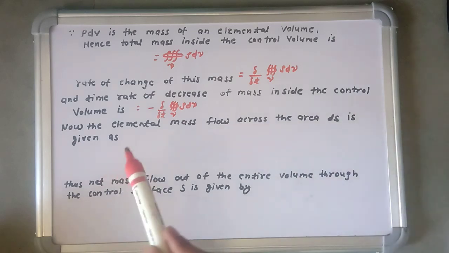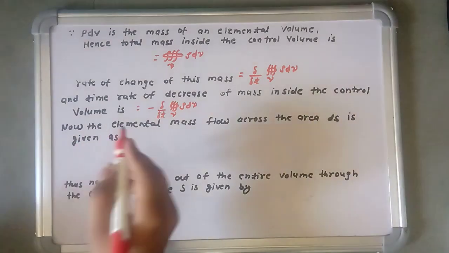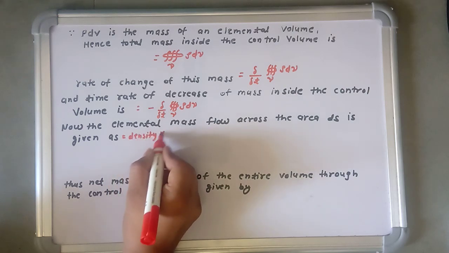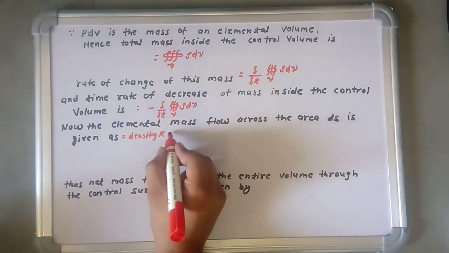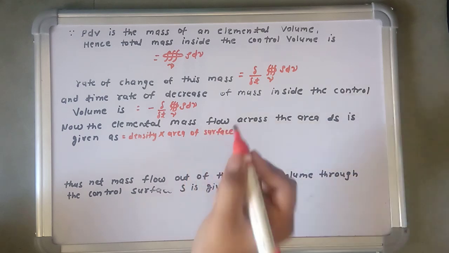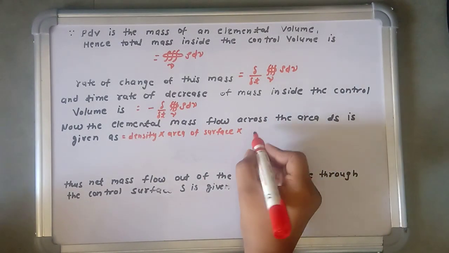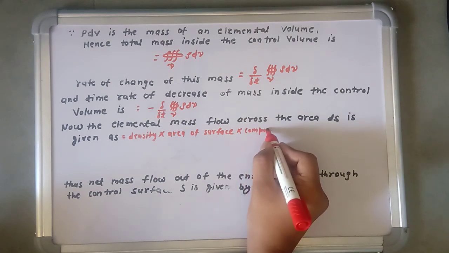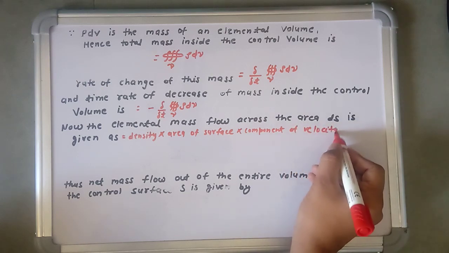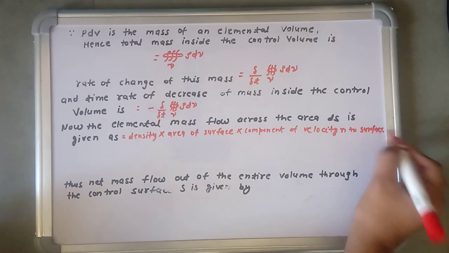Now the elemental mass flow across the area dS is given as density multiplied by area of surface multiplied by the component of velocity normal to the surface.